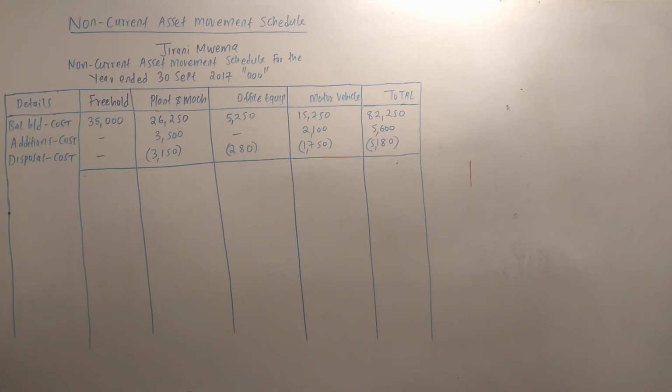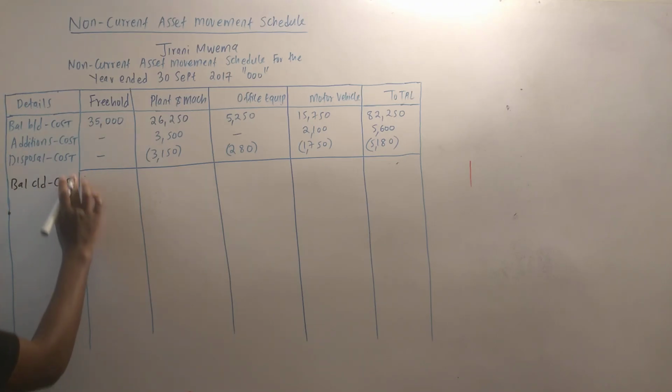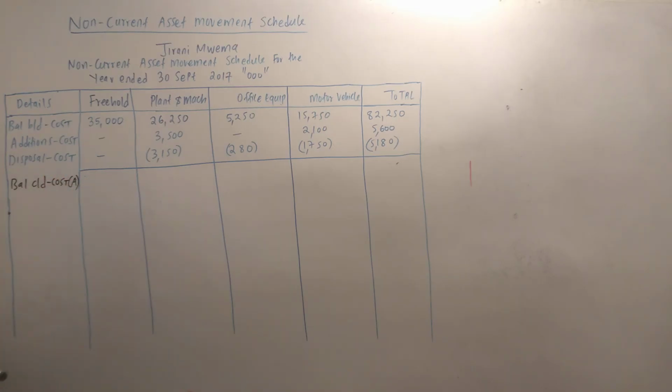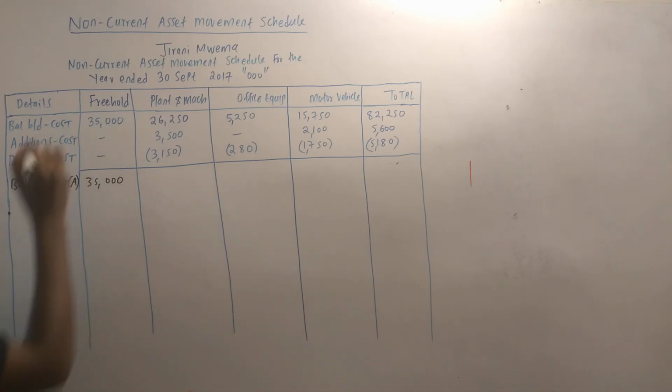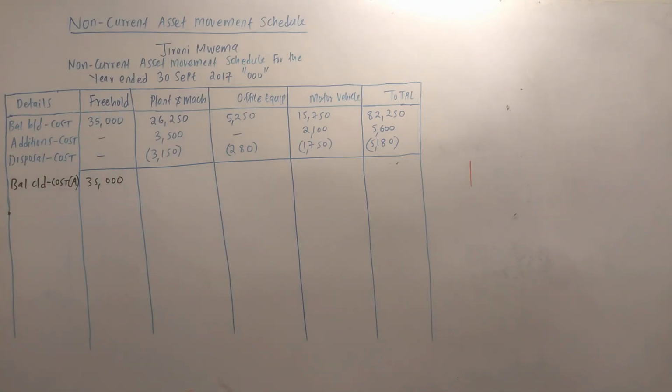We can talk about balance carried down, which is also at cost, and we can call it A. So this one is 35,000. What about the other one? It's 26,600.